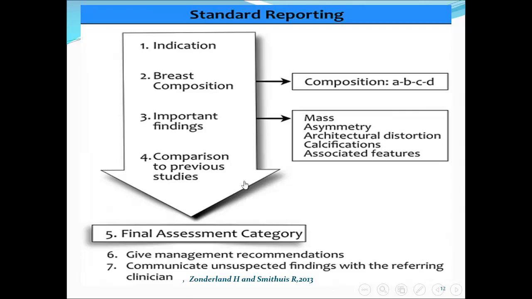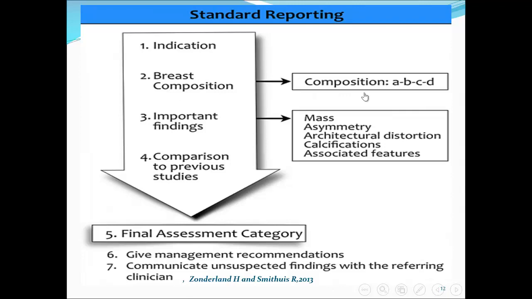Then we come to how to write a standard report of the breast. First, you must write the indication that the patient is coming with. If she has a breast mass, if she has a discharging breast, if she has a palpable breast lesion, all this should be written in the indication. And then you have to put the breast composition.